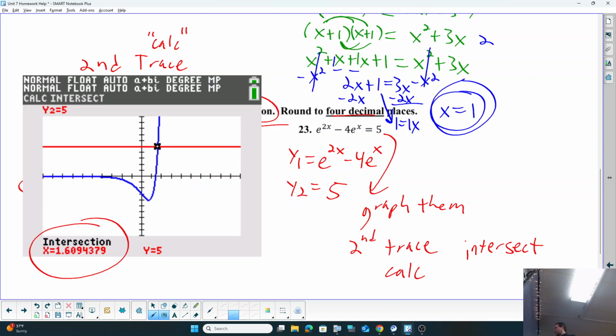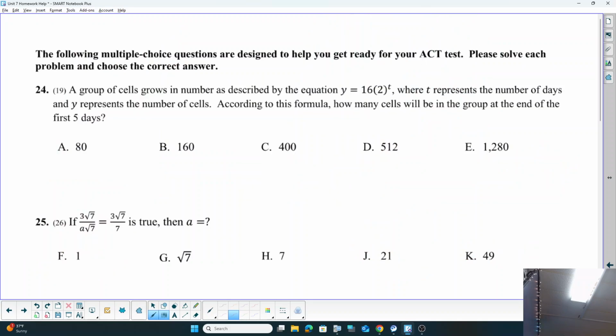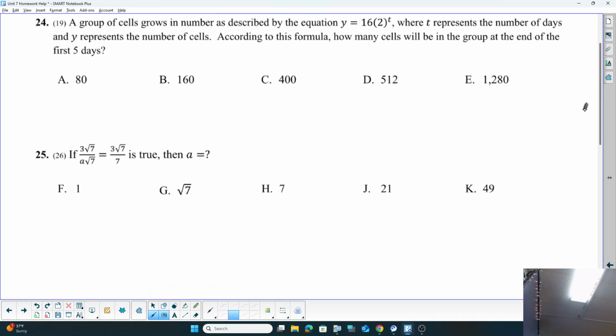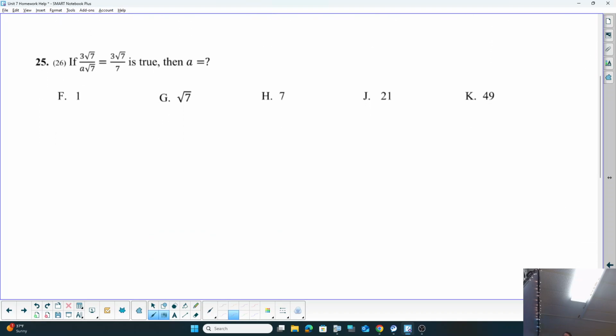So they equal each other at x equals 1.6094, 4 decimal places. So there's our answer for number 23. That was crazy. That was a very graphing one, not so much solving, but very much using your software. So then try number 24. You got this. And then 25.